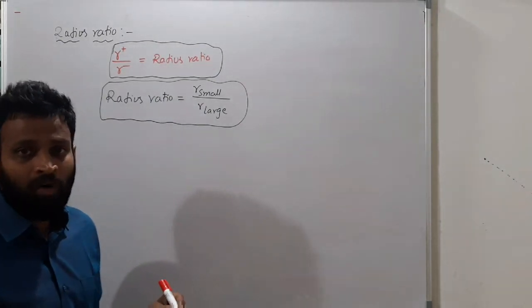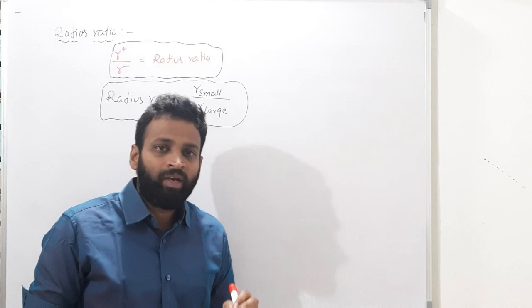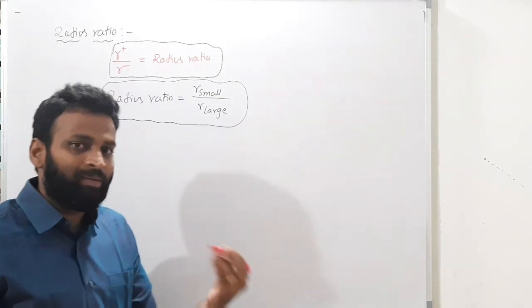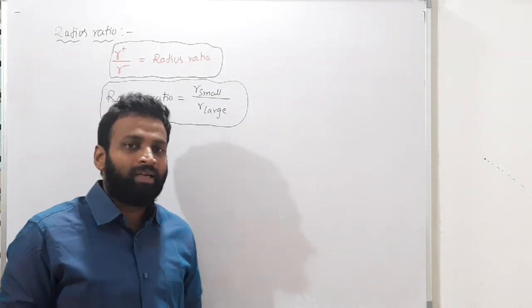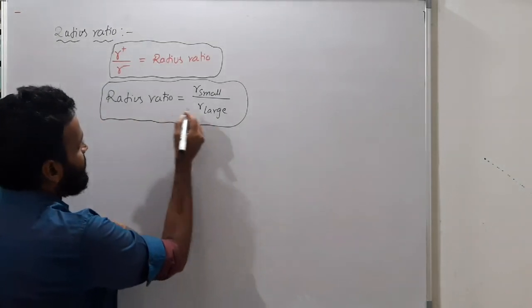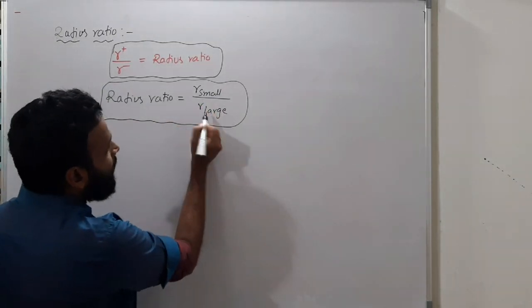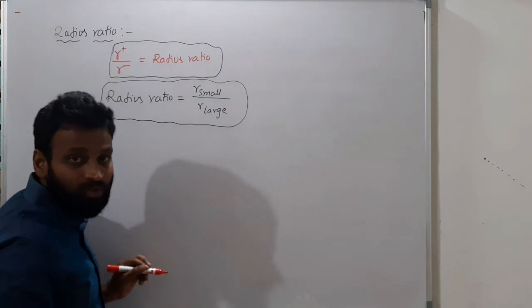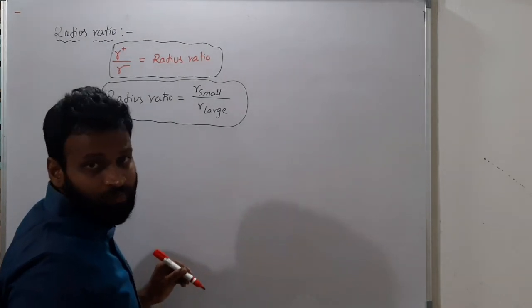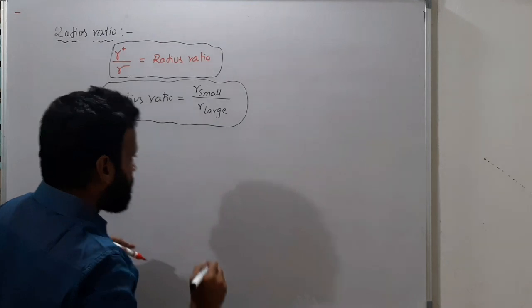Actually cations have smaller radius, you know already. Ionic radii we had in the periodic table previously. So here radius ratio means r small by r large, the radius of cation to the radius of anion.